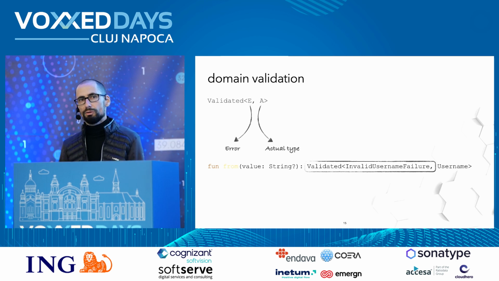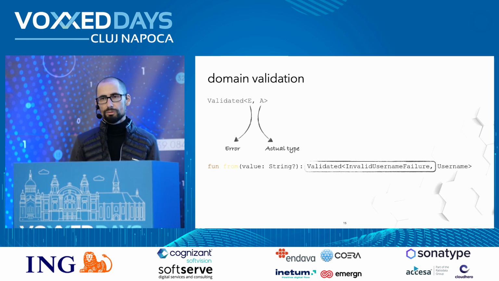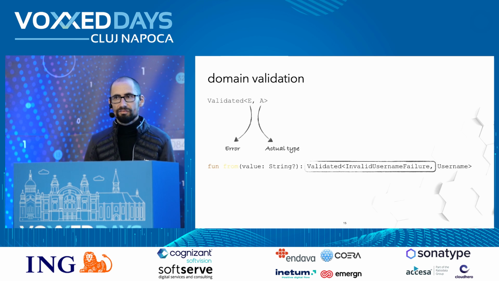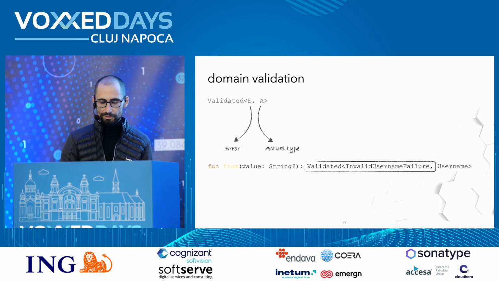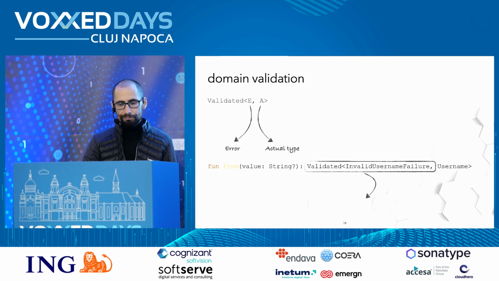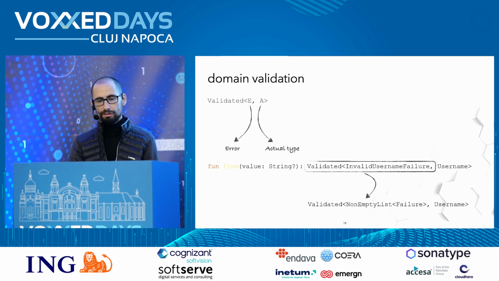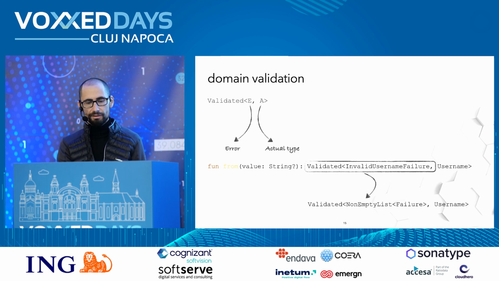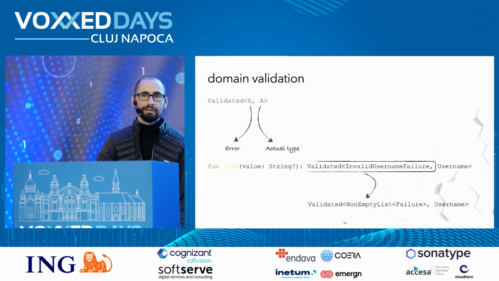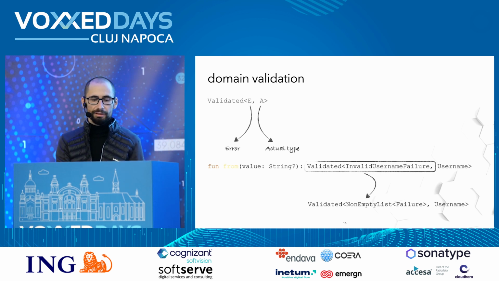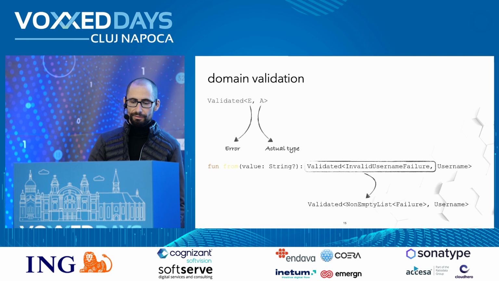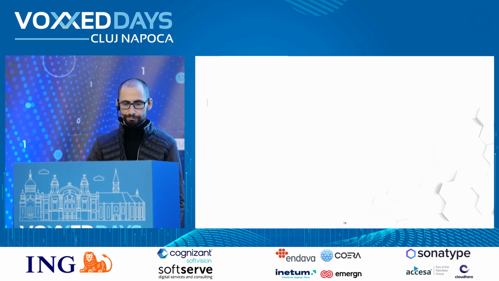But we said that we want to accumulate errors, and in order to accumulate errors, we need some kind of a collection where we can put those errors. So instead of using InvalidUsernameFailure, we're going to use something called NonEmptyList, and this NonEmptyList is going to take Failure as a type.